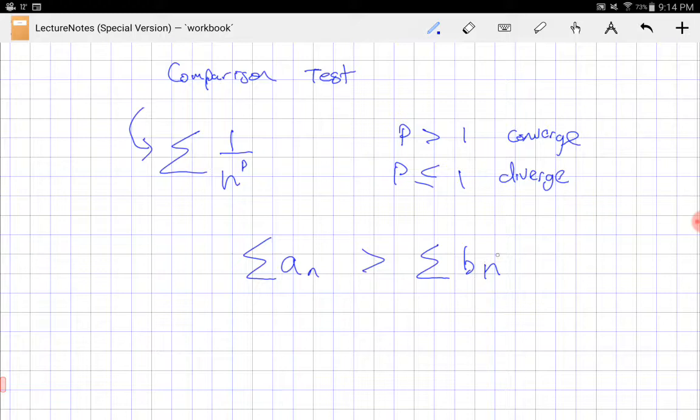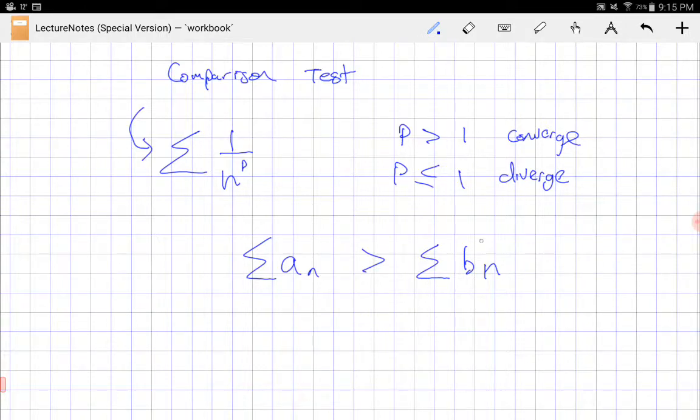If the limit as n goes to infinity of the sequence of bn does not exist, that is not a particularly meaningful comparison, unfortunately. So in this case, we know that the sum of bn is increasing unbounded, and an is larger than something that's increasing unbounded, so obviously an has to also increase unbounded.